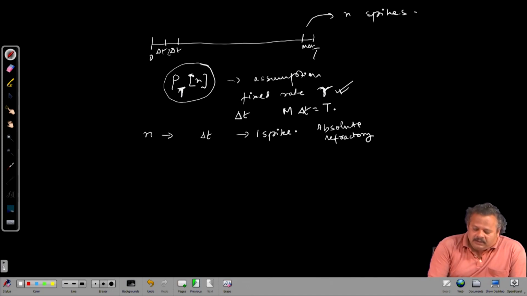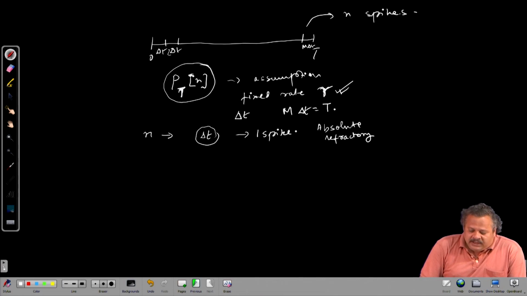Theoretically also, we can think of delta T going to a very small value, not necessarily limited to 1 millisecond. Since spikes are events in time, they do not have any size or any extent over time.